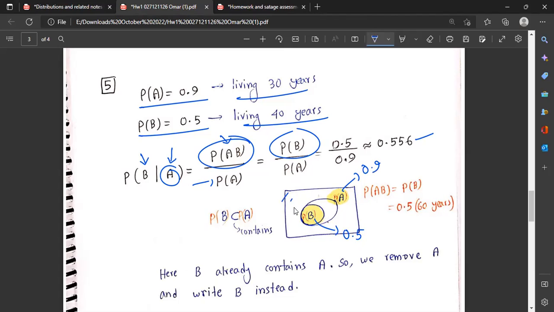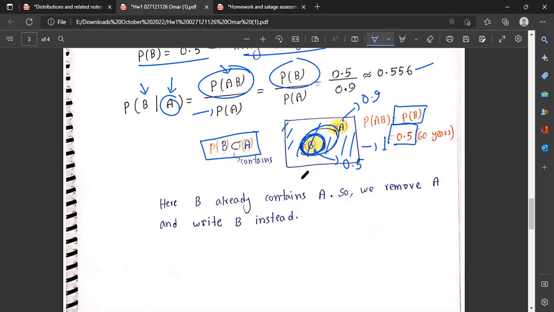If the whole part is 1, then 0.5 is here and 0.9 is here, right? So 0.5 is already inside 0.9. So we write down here that B is contained in A. That's why P of AB equals P of B equals 0.5. Here B already is contained in A, so we remove A and write B instead. Okay, so this is the Venn diagram.